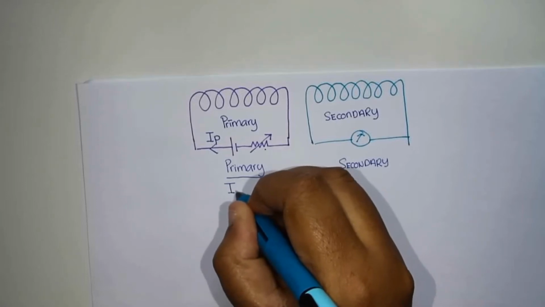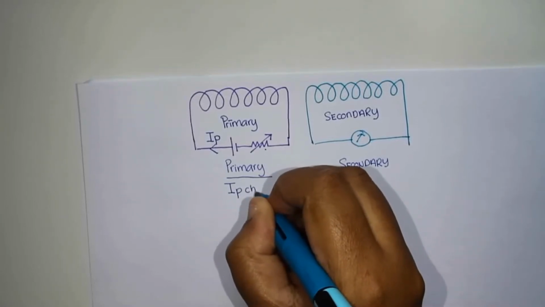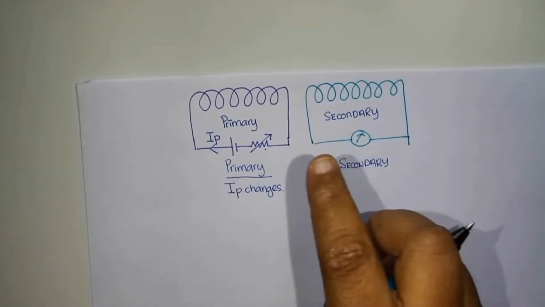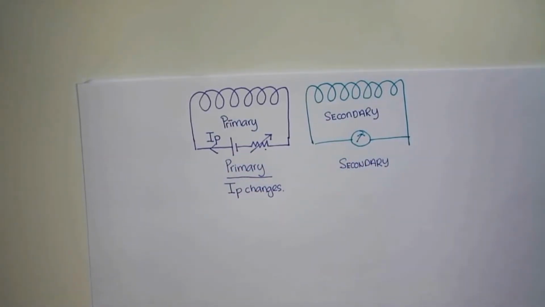The current IP changes. Because this is a DC circuit, the current usually changes only during switching on and off, but because we have a rheostat which can vary the resistance, IP can change.